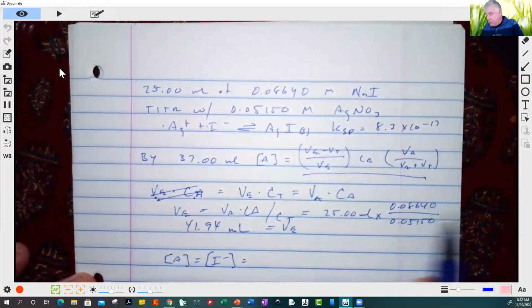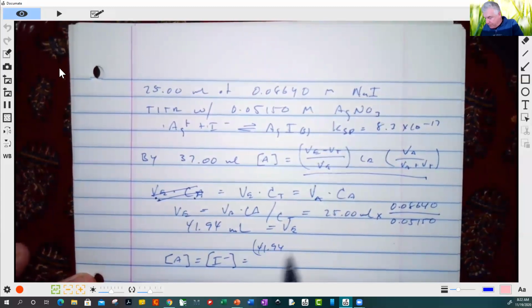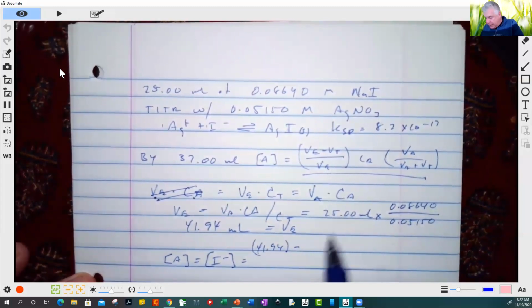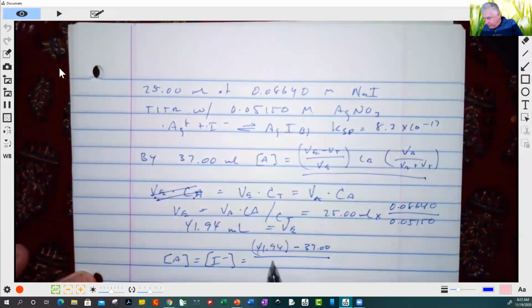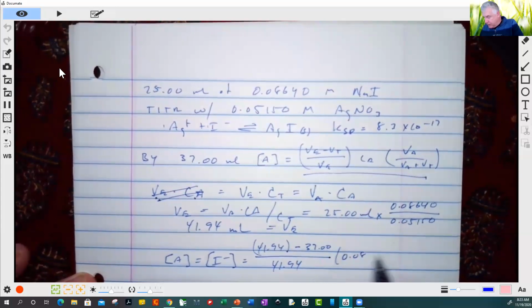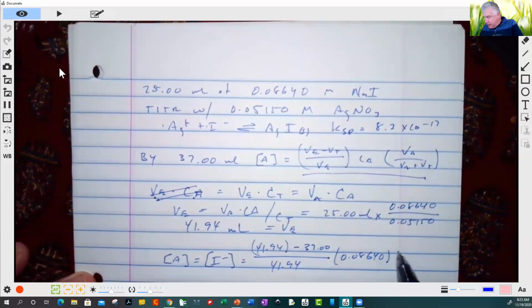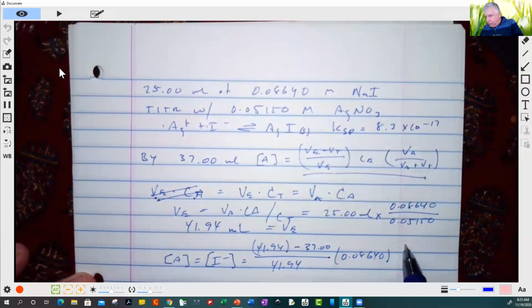So VE is going to be 41.94 minus VT, 37, all over VE, times 0.08640, which is CA, and then times VA, which is 25.